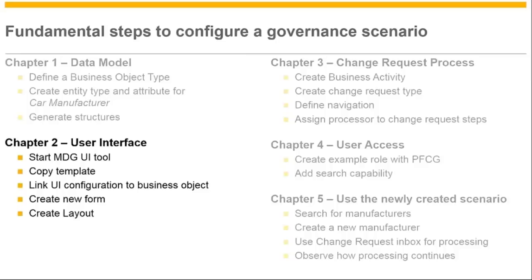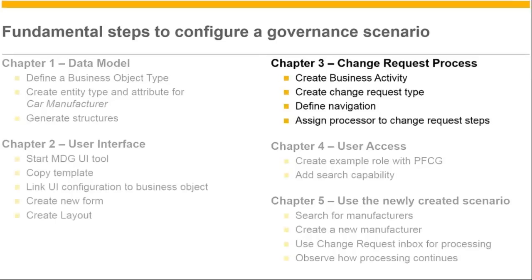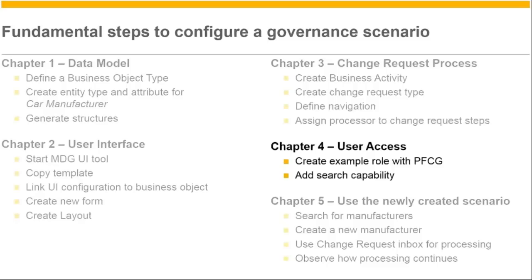Using chapter 3, we will create an approval process scenario, because the MDG UI is available now and we need to build a process on those UIs. In chapter 4, we will restrict people working on MDG based on their roles.